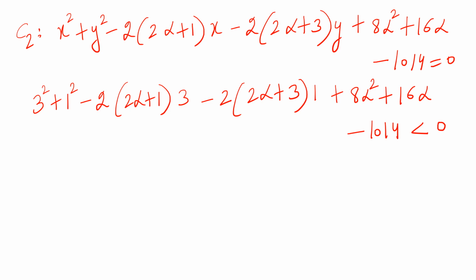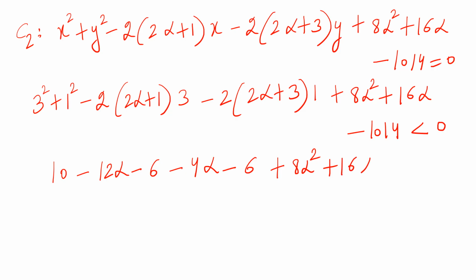So that means we get 10 − 12α − 6 − 4α − 6 + 8α² + 16α − 1014, and this quantity is less than 0. Now students, −12α and −4α becomes −16α, and it gets cancelled with 16α.